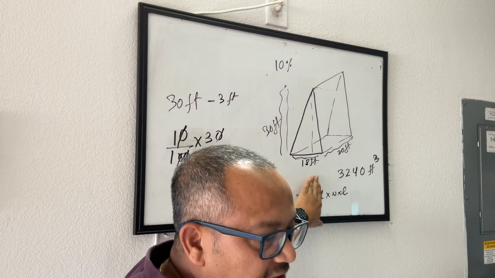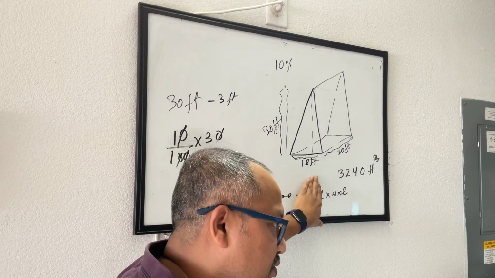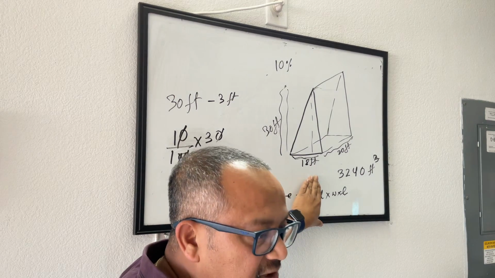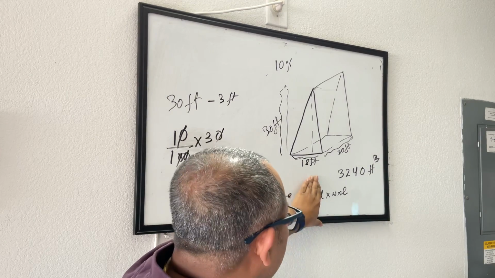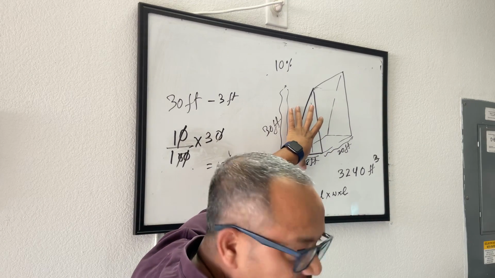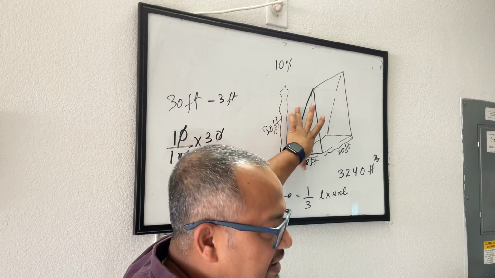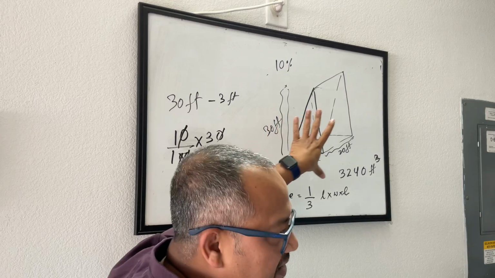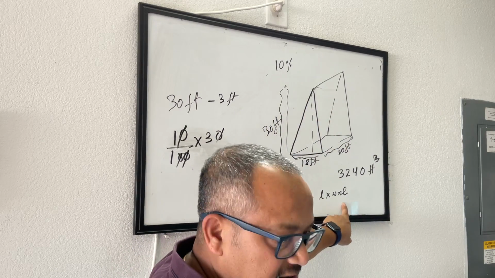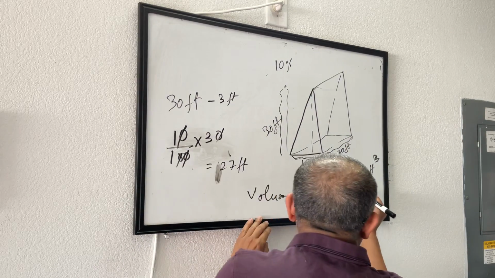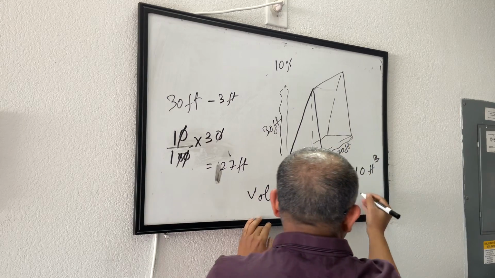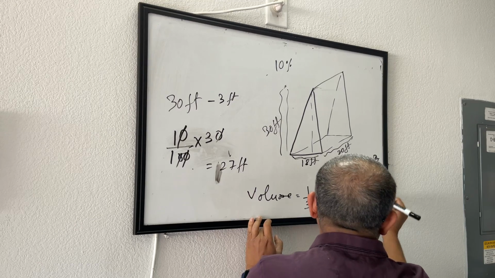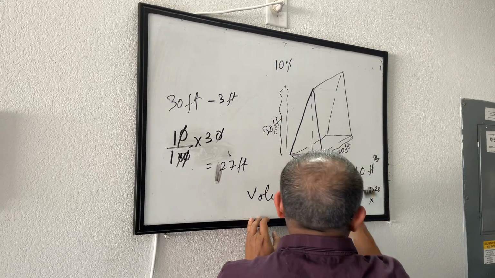But when we talk about a pyramid or a cone, the volume of those shapes is 1/3 of the volume of its parent. A pyramid's parent is a cuboid. A cone's parent is a right cylinder. So 1/3 of this. Now we know my length and width are not changing, so that remains as is. Only my height is changing from 30 to 27.